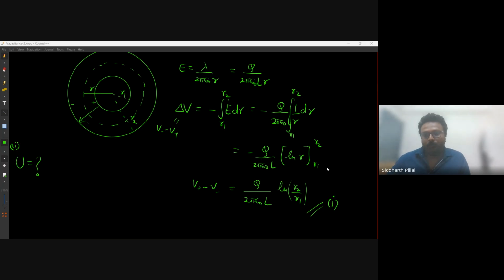Yes, KQ square by L into ln R2 by R1. Correct. And once you get that, then you differentiate with respect to L to get the force, because L is the only variable in the third case. Good.